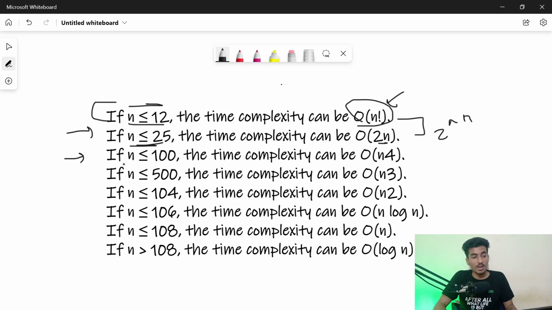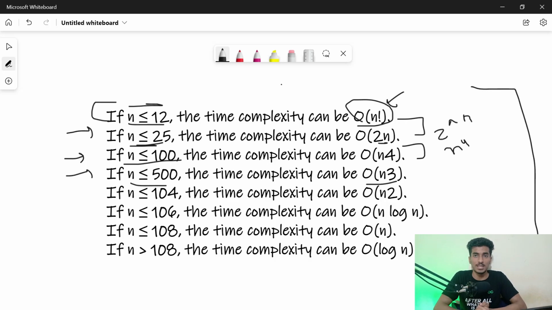And if your value of n is lesser than or equal to 100, then you can write some algorithm that runs in n to the power 4. And if the value of n is less than or equal to 500, you can write some algorithm that has a time complexity of n cube. It will just run and will not give a time limit exceeded error. So if you are aware of these constraints, then you will not get the time limit exceeded error.